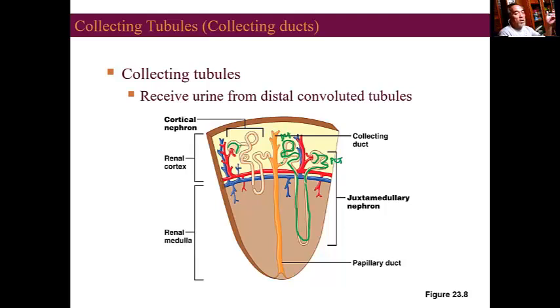Same as here, we have the proximal convoluted tubule, the loop of Henle, and the distal convoluted tubule. All of them drain into what we call the collecting ducts. Remember, there are thousands of these collecting ducts in just one pyramid. This is called a renal pyramid. All the collecting ducts end up in the renal papillae.